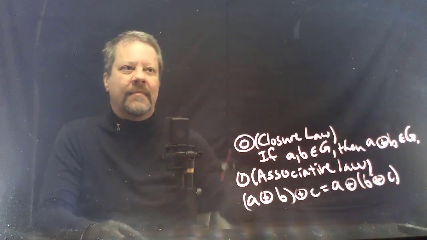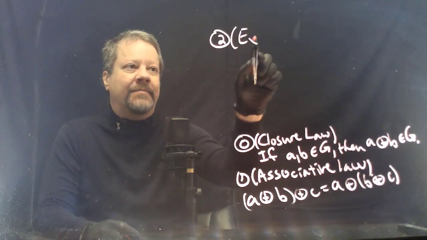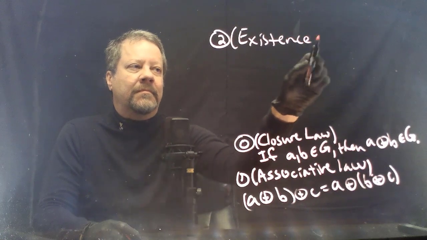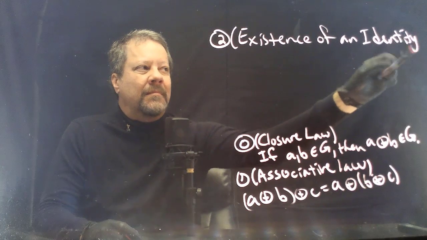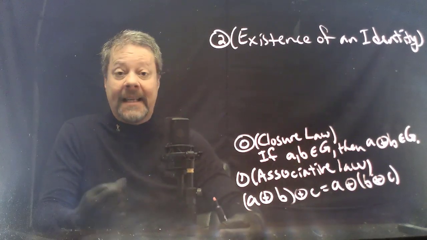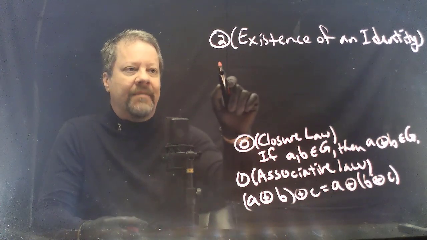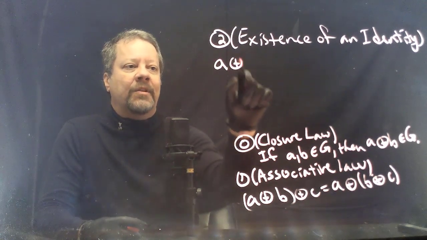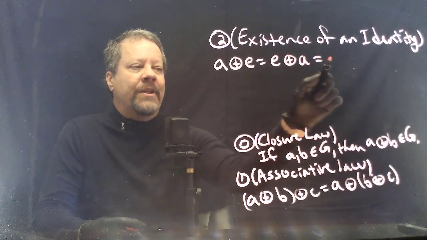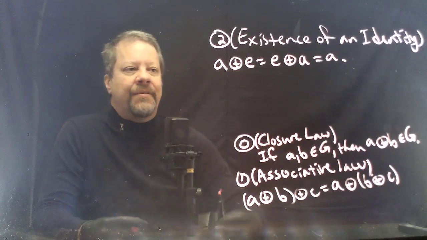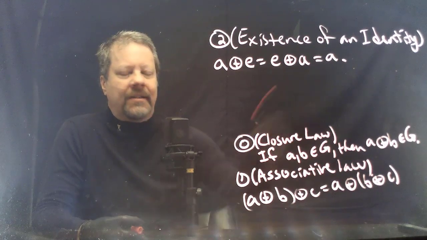There's two more properties. The third property will be the existence of an identity. For addition, the identity is often denoted by 0, but we're going to denote it by E. So A circle plus E will always be equal to E circle plus A, which is A. If you add something to the additive identity, it leaves it alone.